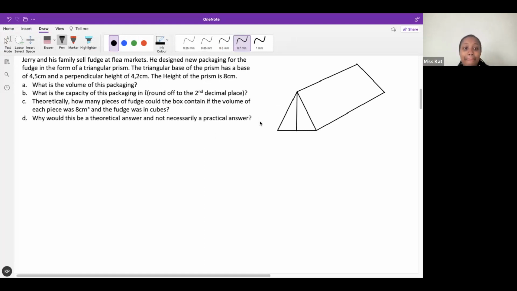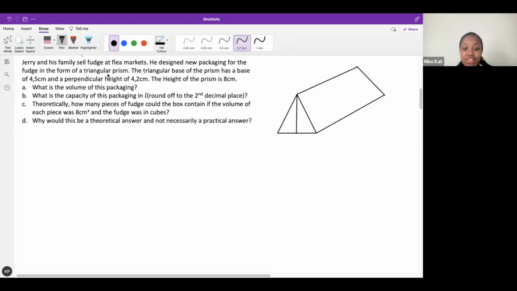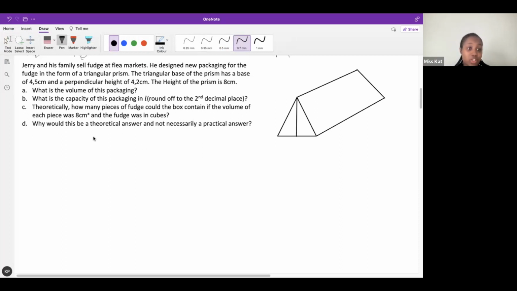Now let's see. We have to fill in the information. So let's see what we've been given. We have been given the base of the triangle. That's the bottom part of the triangle, that's here, 4,5 centimeters.